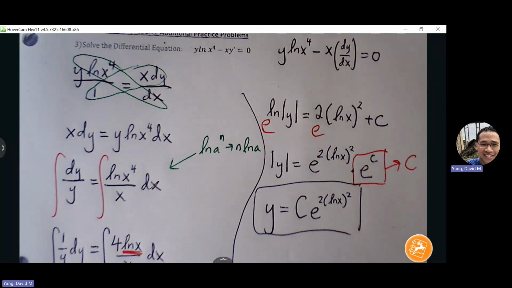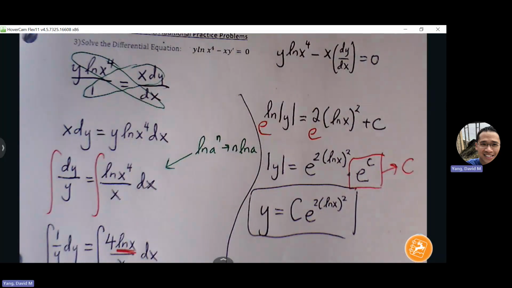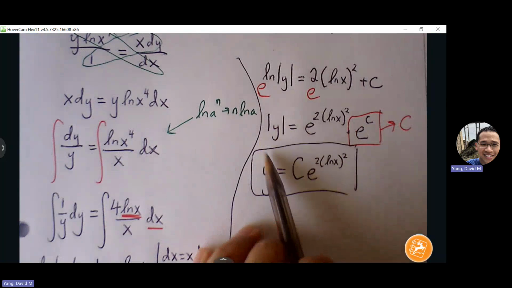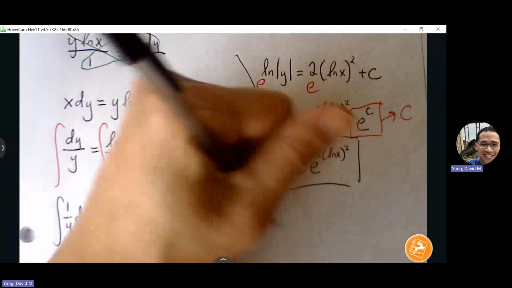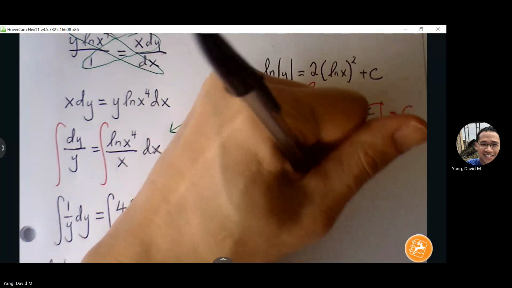That's all we can do. No ordered pair, so we can't go any further. We can't solve for c if the information is not provided. How were you able to drop the absolute value? Technically, when we drop the absolute value, a plus or minus is going to show up.